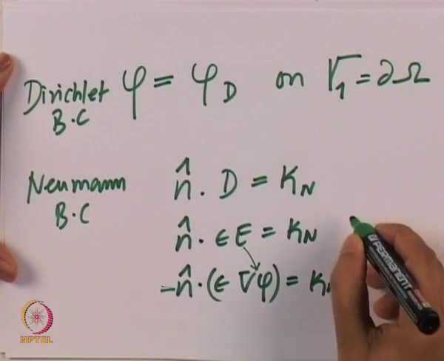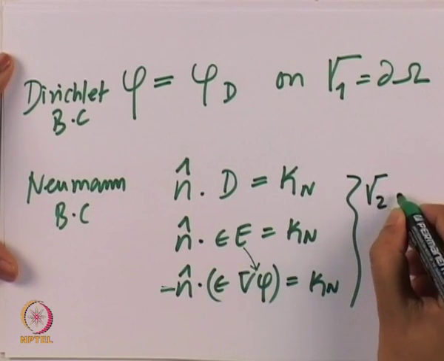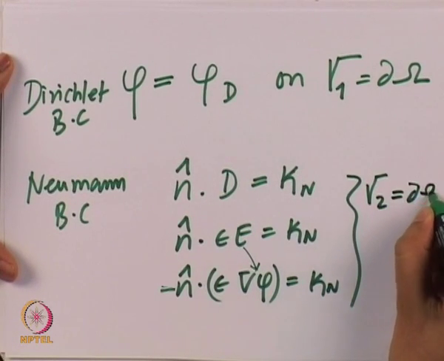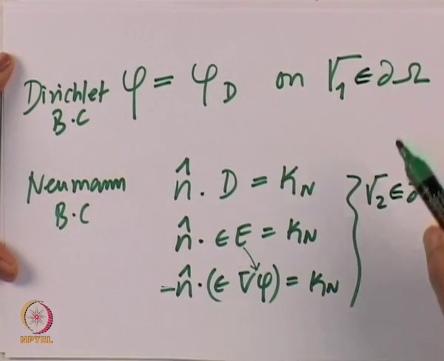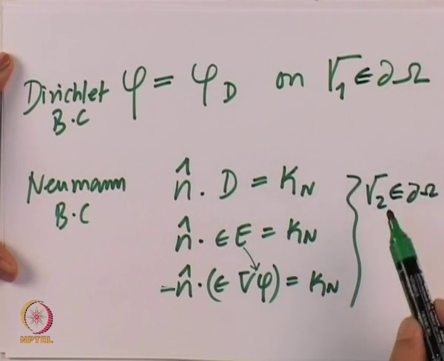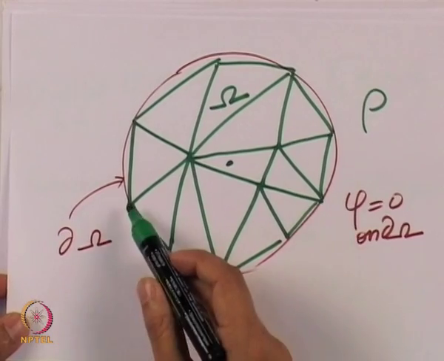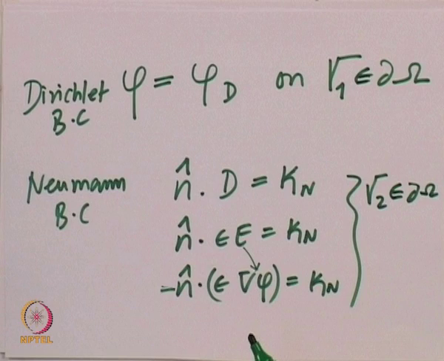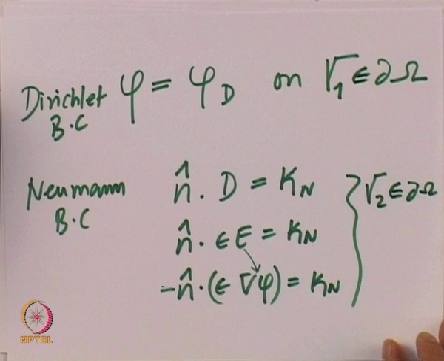We are going to call this, for a certain boundary gamma 2 that belongs to this domain, equal to a certain value. So what we have done so far is basically assigning values to the boundaries based on certain boundary conditions.